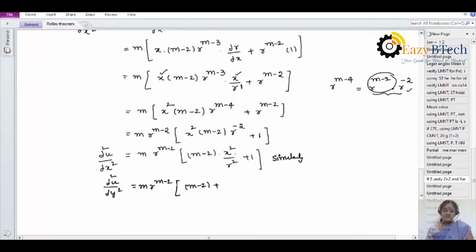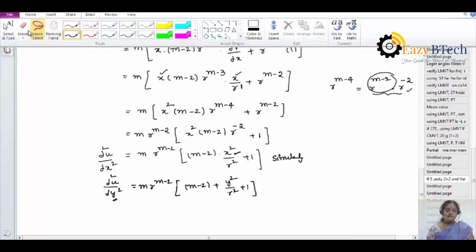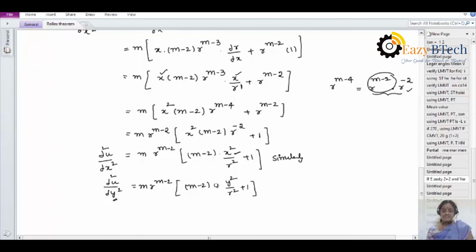If you are doing with respect to x, then you will get x square by r square. Then if you are doing with respect to y, then you will get y square by r square plus 1. So here multiplication, not addition, here multiplication only. Okay. M minus 2 into y square by r square plus 1.